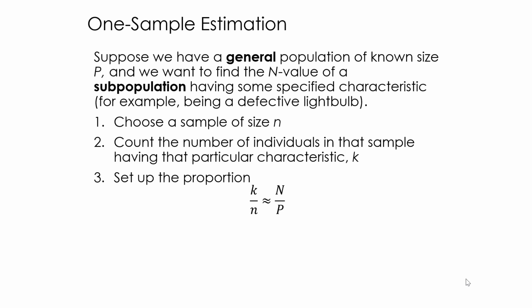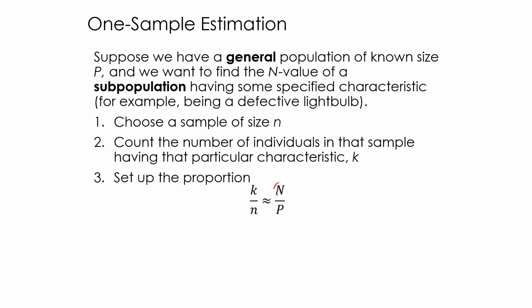So we want to estimate the number of red gumballs in the jar. Going back to our vocabulary, we choose a sample of size n. Brianna draws a sample of 40 gumballs from the general population.